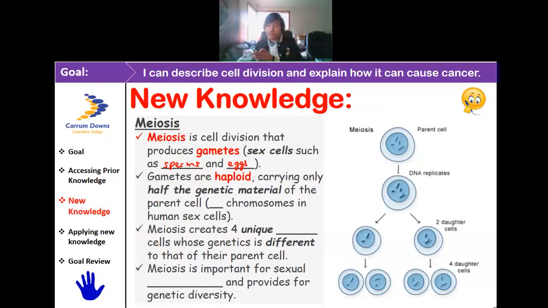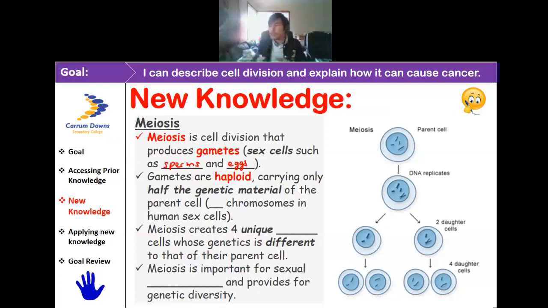Haploid, half, half, right? And then di in diploid. Di means two. If you remember from year 7, we learned about the dichotomous key. That's where you have a tree diagram that branches into two branches. Same thing here.